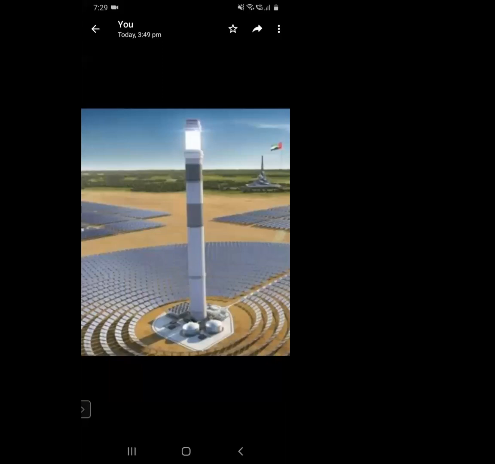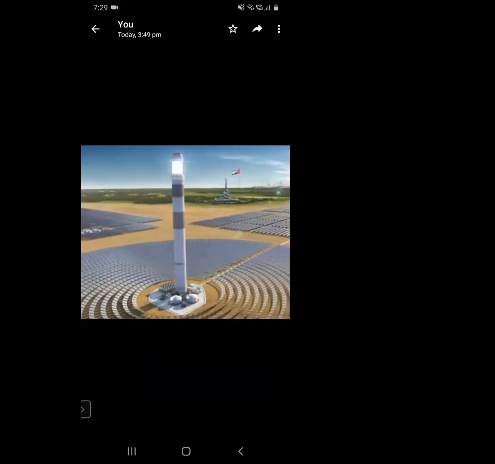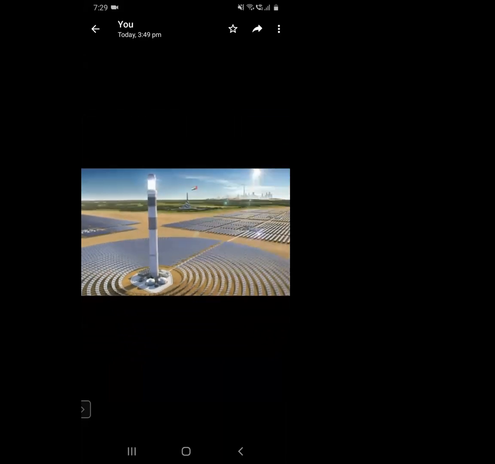You don't have to go into the workings of this thermal tower, but just understand that this tower is surrounded by mirrors and it is converting sunlight, or solar energy, into electrical energy. These mirrors concentrate all that sunlight so that it falls on the shiny part of the tower. Okay, and that was all regarding solar energy.